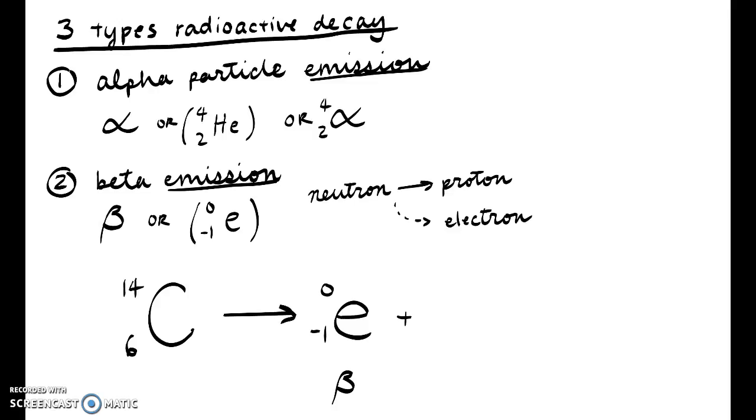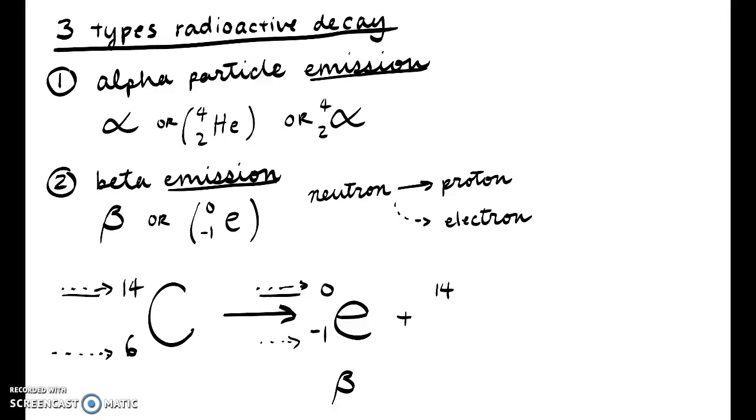Once again, we want to make sure that the numbers on the bottom row and the top row on the reactant side equal the numbers on the bottom row and the top row of the product side. So we take 14 minus 0, that's still 14.